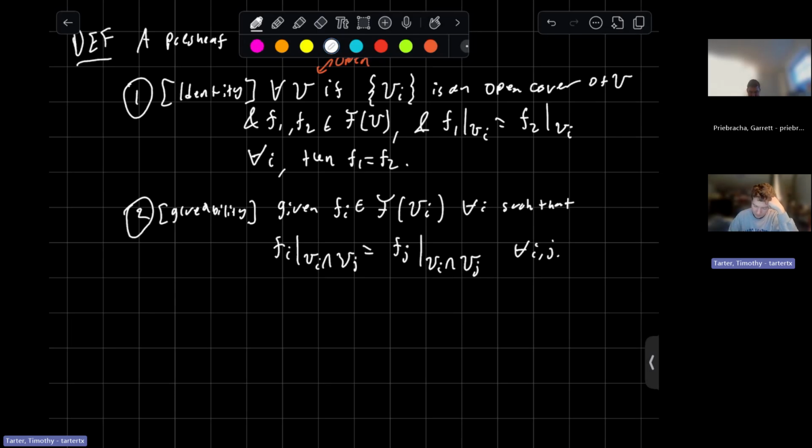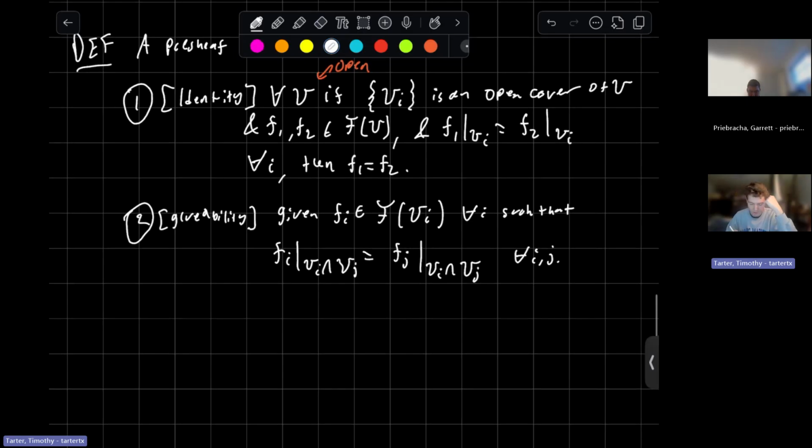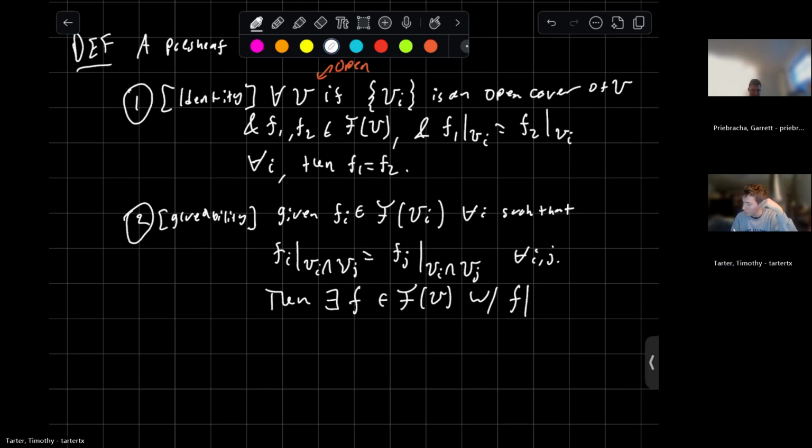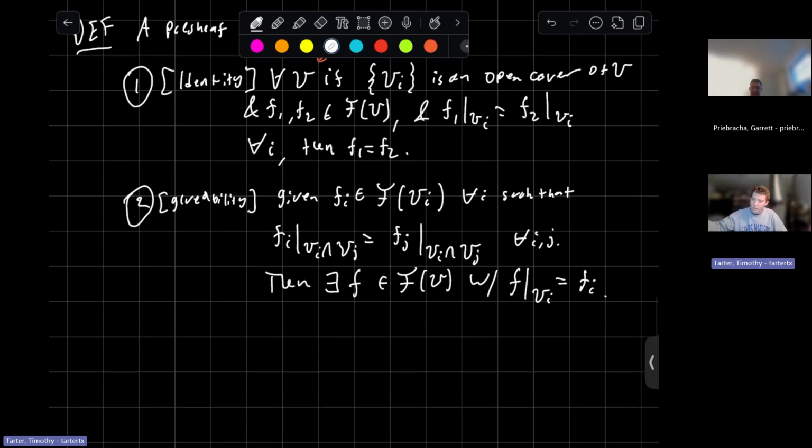for all i and j, then there is some F in the section on U with the restriction map of F restricted to U_i equal to F_i.